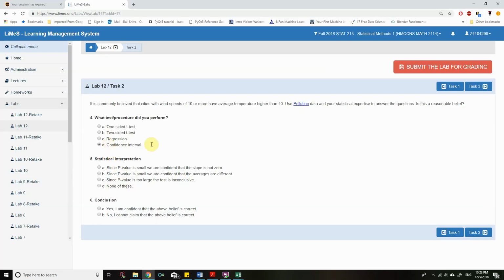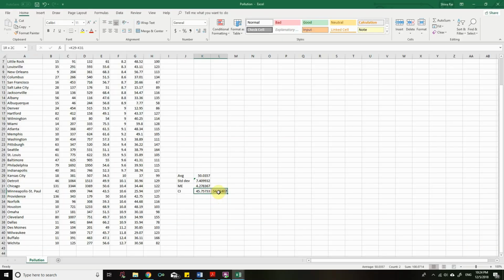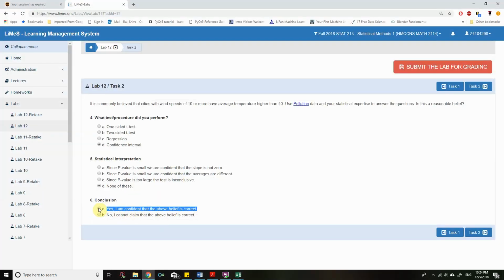Since it's a confidence interval, we are not talking about p-values, so none of these. Conclusion: yes, I am confident that the above belief is correct, since the confidence interval is higher than 40. 45 is the lower limit and 54 is the higher limit, so that's why we are confident the above belief is correct by 95%. Now let's go for task 3.